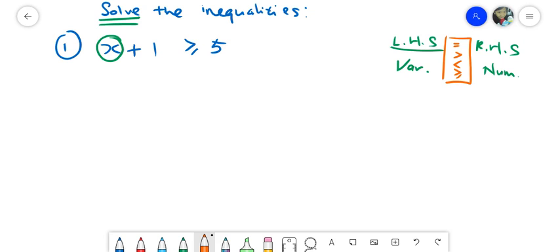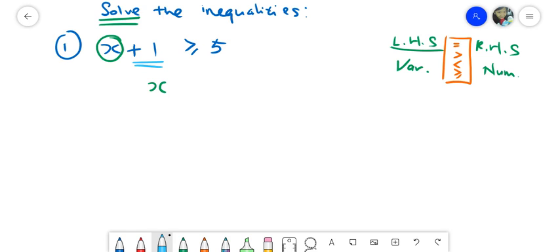So here, as I mentioned just now, you need to have your x on the left. What's the extra or additional information here? The plus 1. So how to get rid of the 1?